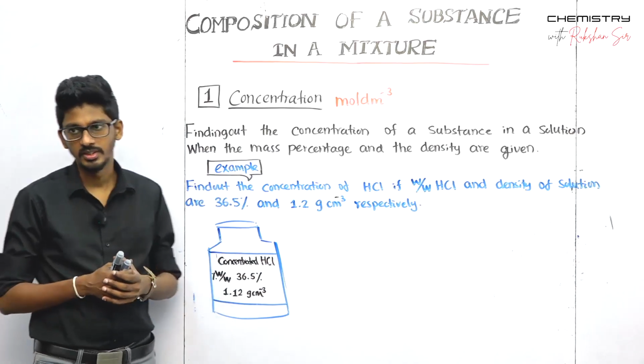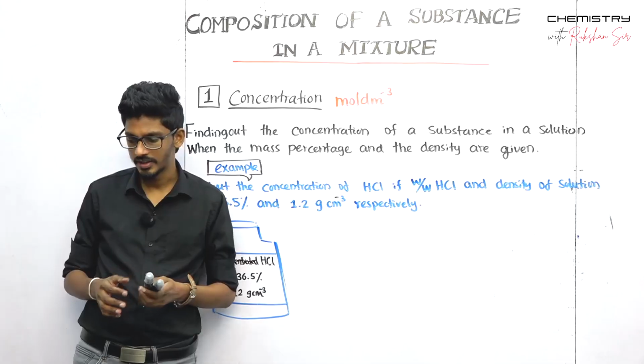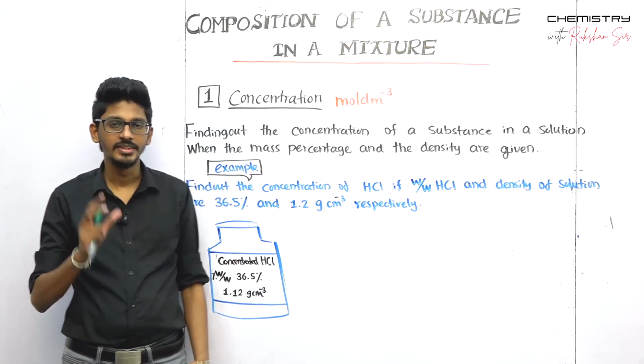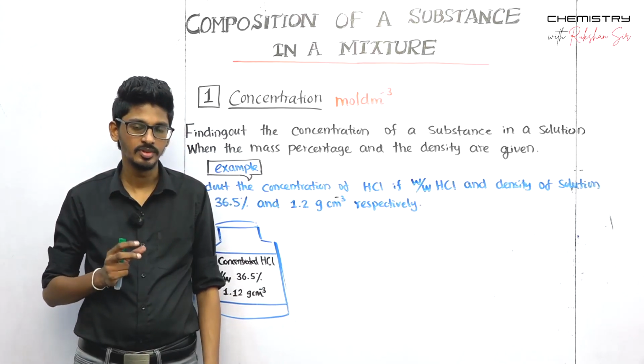For this kind of calculation, we actually use the definition of concentration. What is the definition of concentration? The definition is the number of moles of the constituent substance in 1 liter or 1000 centimeter cubes of the solution.